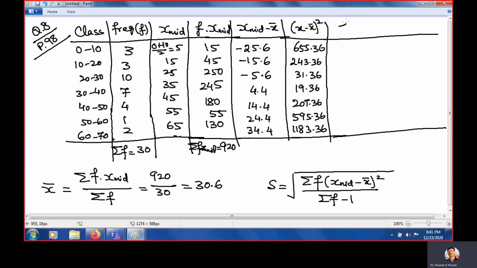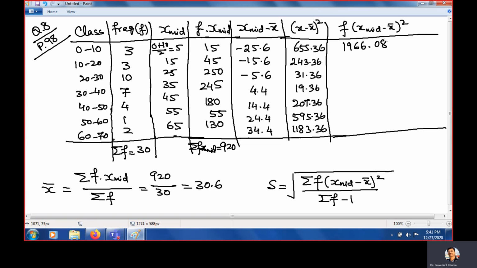Now you need to multiply it by f. It is a big one. This was x mid minus x bar whole square. Now you need to multiply these values by f. So 655.36 multiplied by f, f is 3, so it is 1966.08.